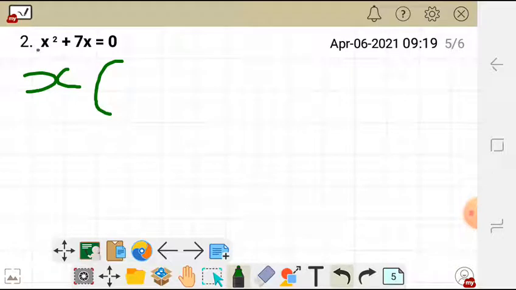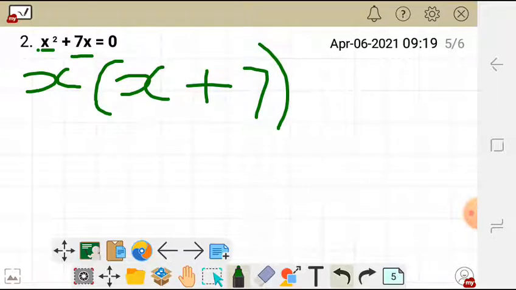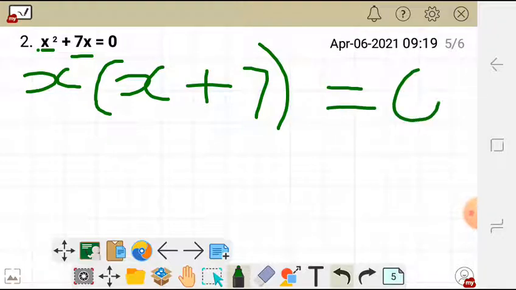Then we say x into x squared, we are going to have x. Then we put the plus sign. Then we say x into 7x, we are going to have 7 here. Close the bracket, which is equal to 0.